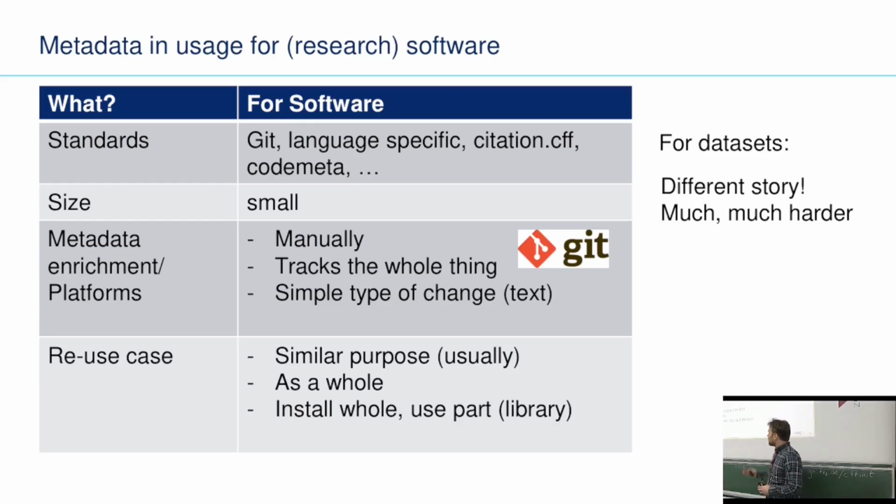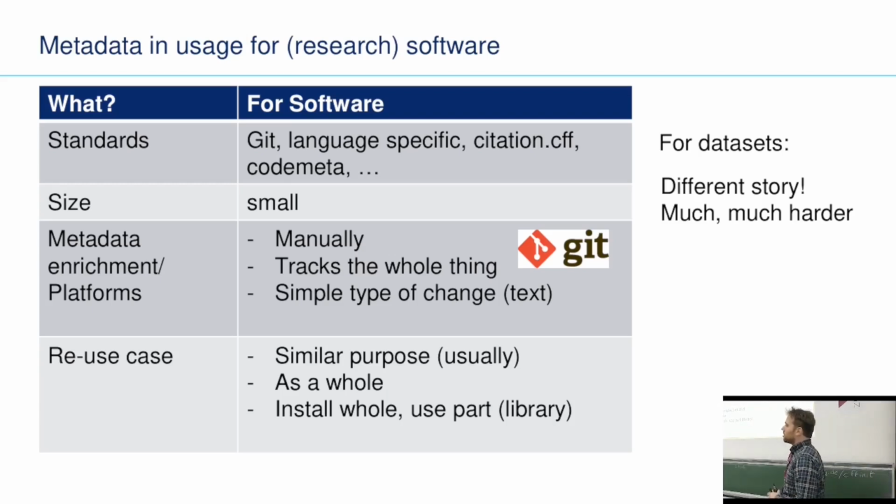The software is quite small. Also, of course, a big part of it is Git, and basically it's all on platforms, and Git already tracks a lot of the provenance metadata of software, so there's a lot of metadata that is already there, but not in a linked data fashion, but there's a lot of things that one can use.